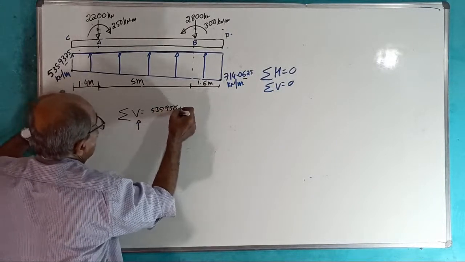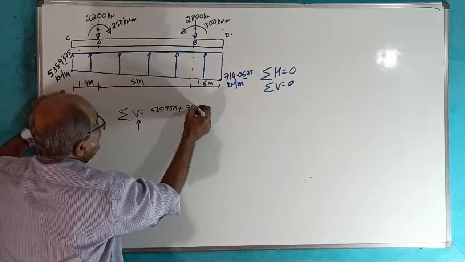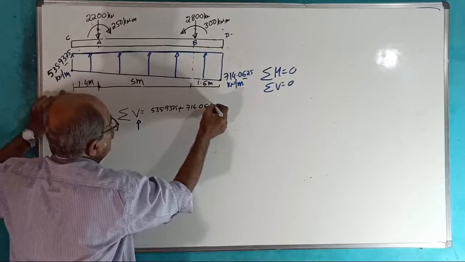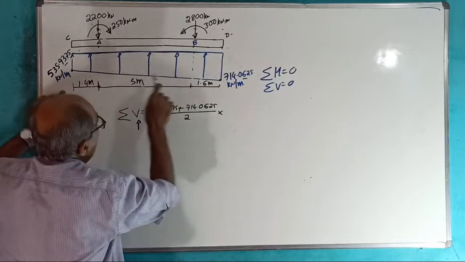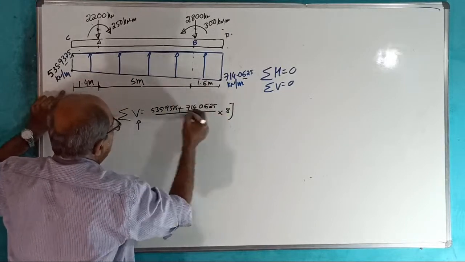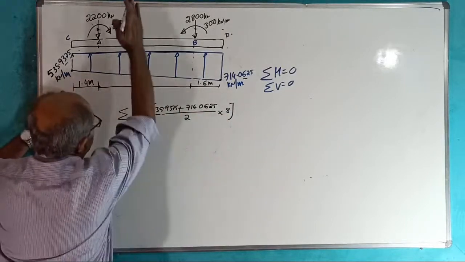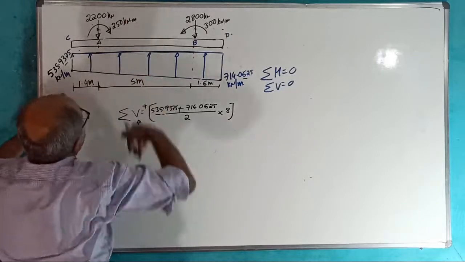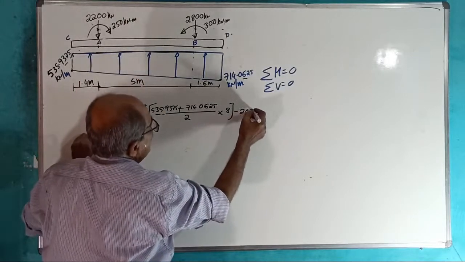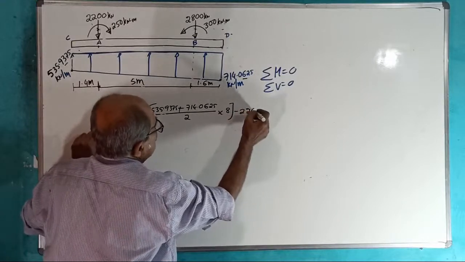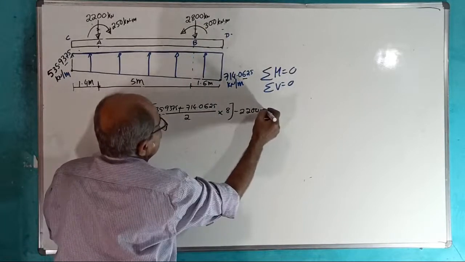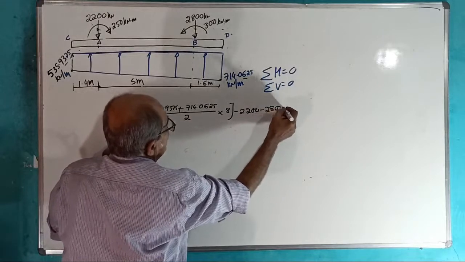535.9375 plus 714.0625 divided by 2 multiplied by 8. This is the area that will give you upward load, positive, minus 2000, minus 2200, also minus 2800.